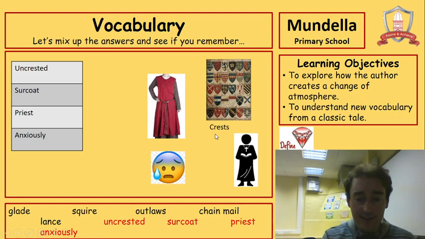A priest is a holy person here who is able to carry out marriage ceremonies or burials or a religious occasion. And finally, the word anxiously, and we've got our emoji here, which shows you exactly what anxiously means. It means if you're worried about something.